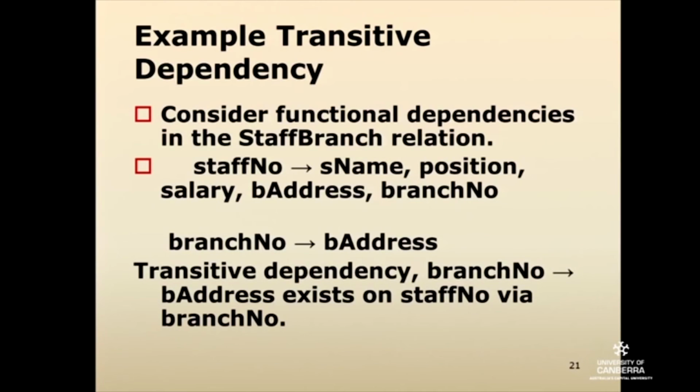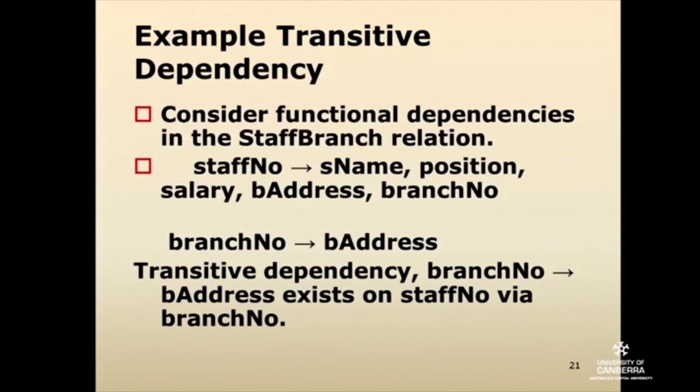The staff number is the primary key in the table of staff, and then in this table you've got the staff name, the staff position, how much they're earning, the branch address, and the branch number in one table. That's the problem. Because knowing their staff number, you can find staff name, position, salary, branch address, branch number.